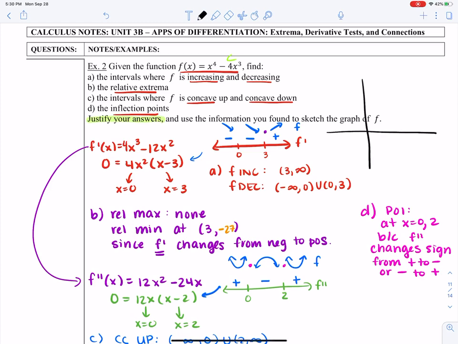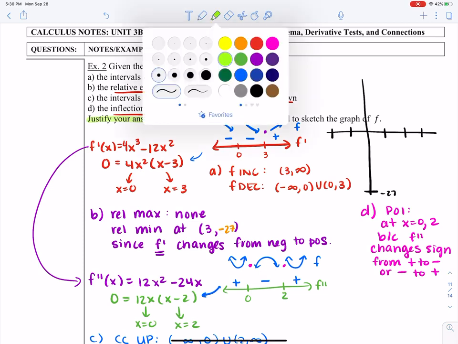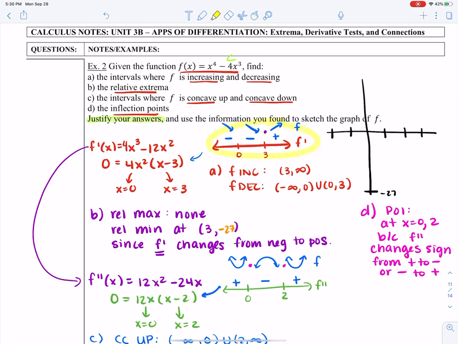So I'm going to have a point of inflection at x equals 0 and also at 2 because the second derivative changes sign from positive to negative or negative to positive, okay?